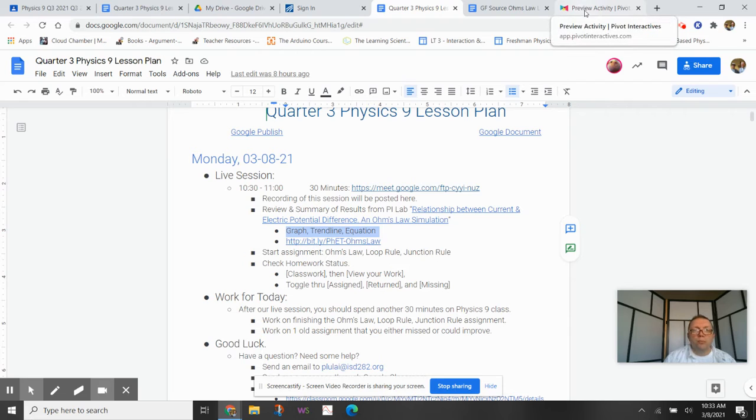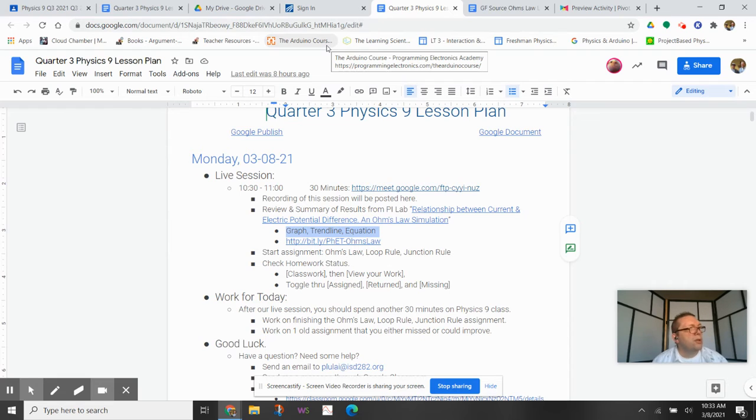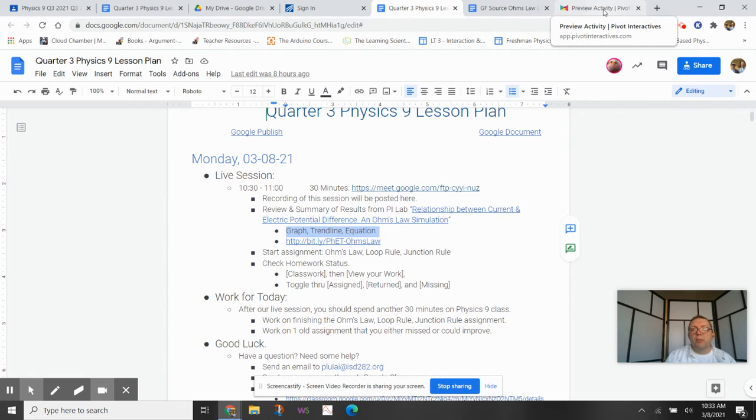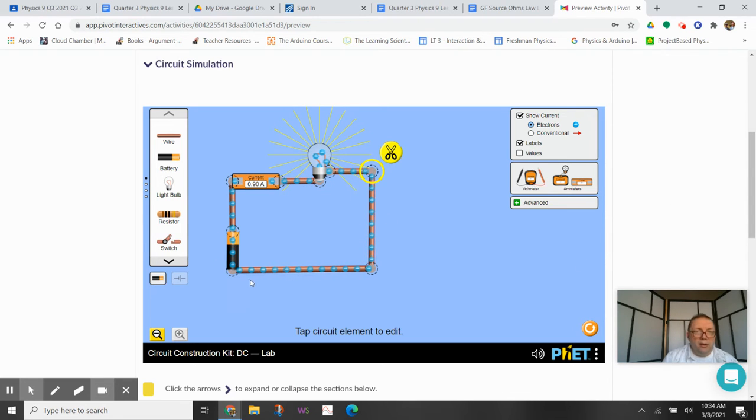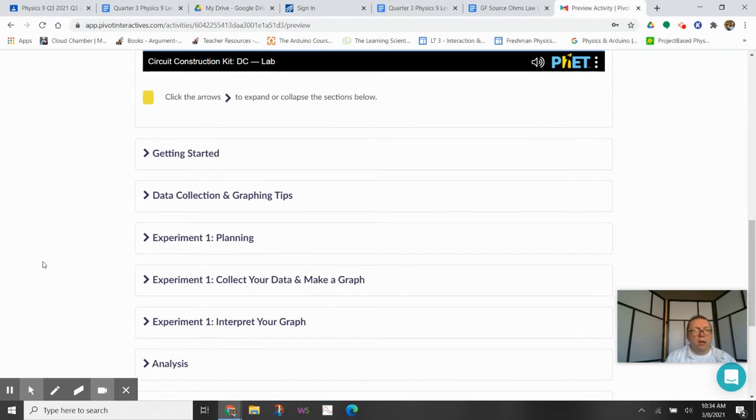The rest of the assignment is a Google form posted that goes through the lab from last week, or all the activities from last week, just to make sure we've got some sense made out of it. So the Pivot Interactives lab: we're supposed to set up a circuit that looks something like this, collect some data and get some things lined up.